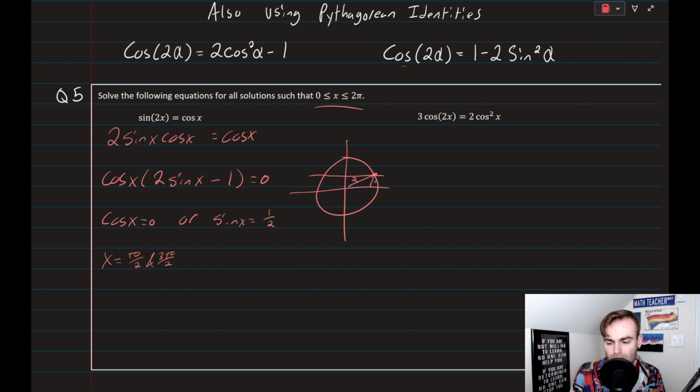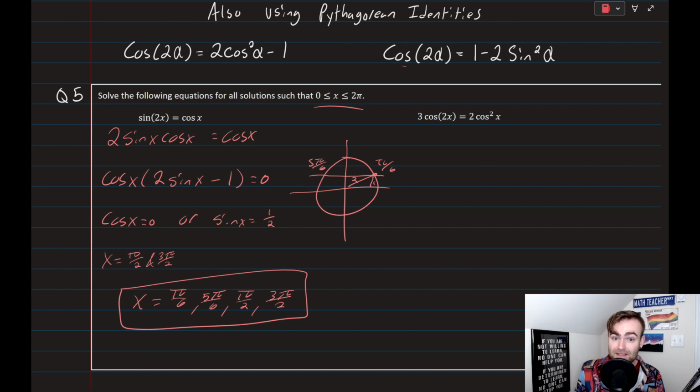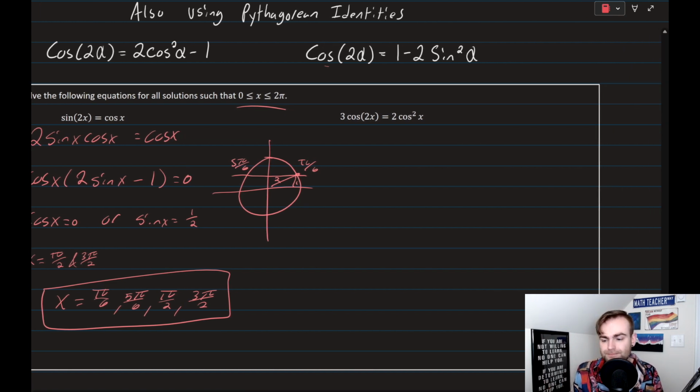Well, 2 and 1, that would be pi over 6, right? So this has to be pi over 6 less than pi. So that would be 5 pi over 6. So the final answer would be x is equal to pi over 6, 5 pi over 6, pi over 2, and 3 pi over 2. If you want to write those in ascending order, you can. I'm not going to take the time to do that, but you can.